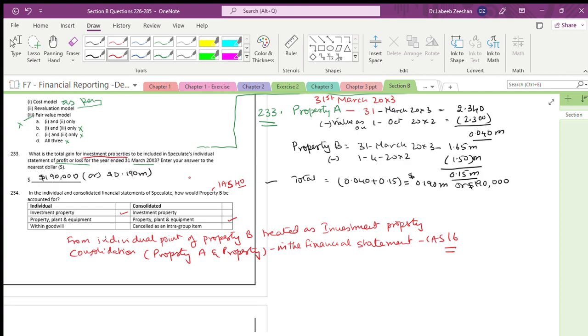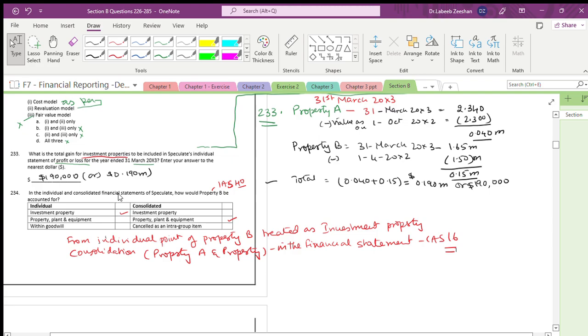The moment you consolidate, IAS 16 takes priority over IAS 40, because you are consolidating the individual income and the business income, and at a later stage we are going to segregate what is the individual income and what is the business income.